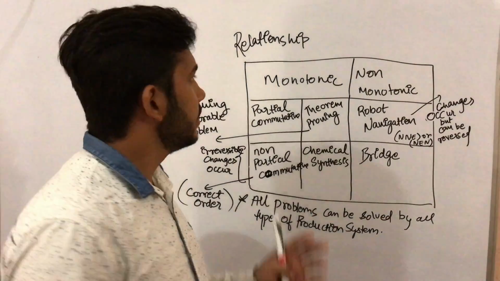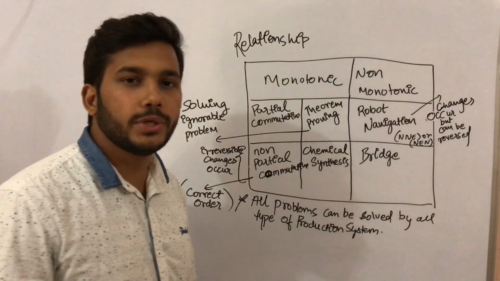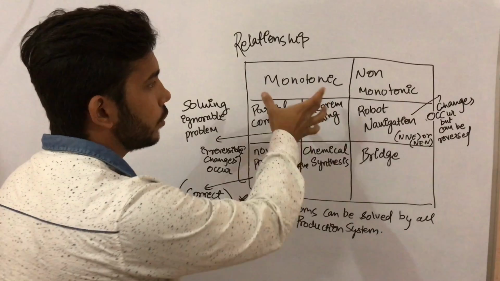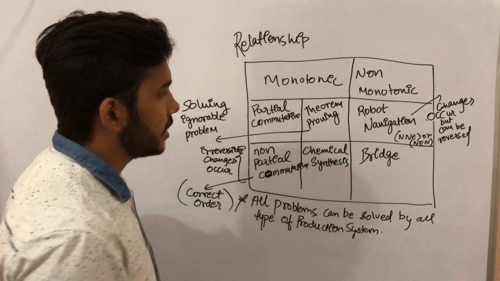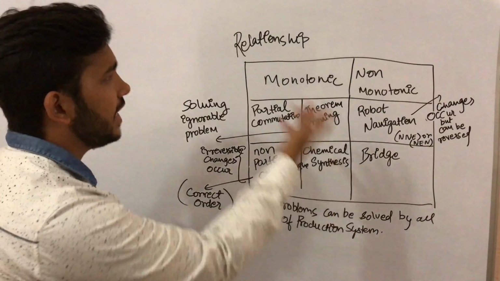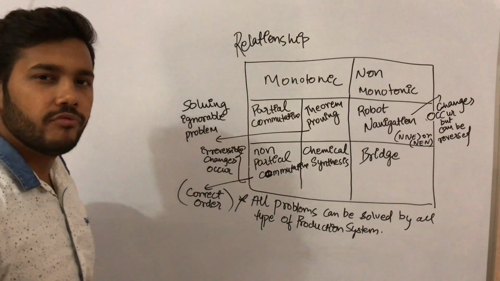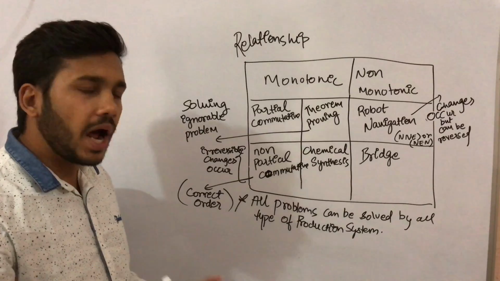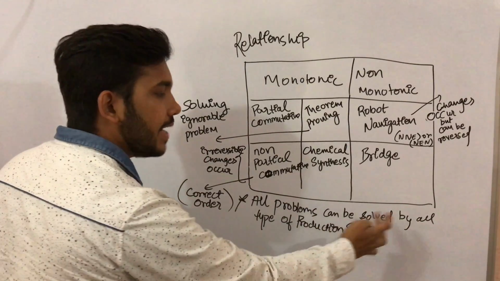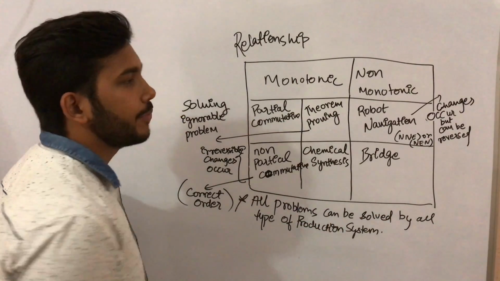Now coming to the relationships between the four types of production system: monotonic, non-monotonic, partial commutative and non-partial commutative. Before telling about the relationship, please keep in mind that all artificial intelligence problems can be solved by any type of production system.